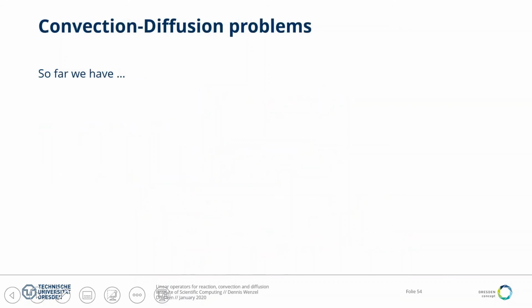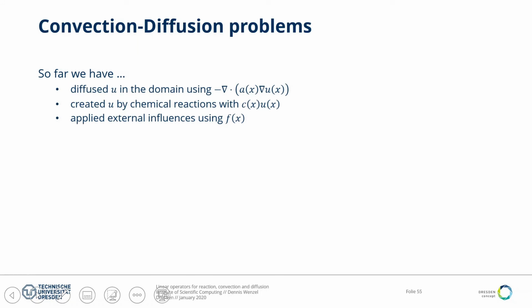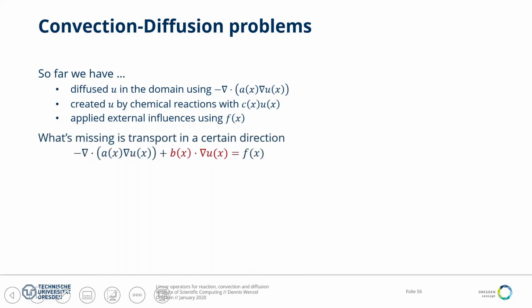And then, one step further. So far we have diffusion, so we have spreading of membrane material or quantity U or something inside of the domain. We have created U by chemical reactions using this reactive term, and we have applied external influences using F. But what we haven't done is transport.